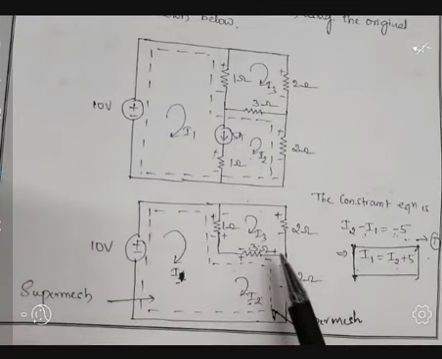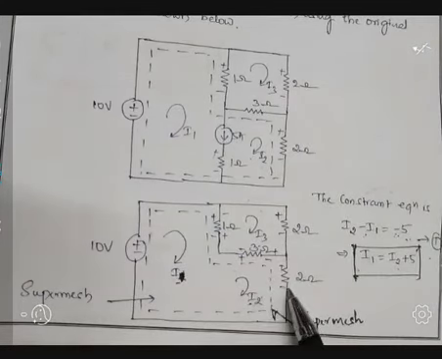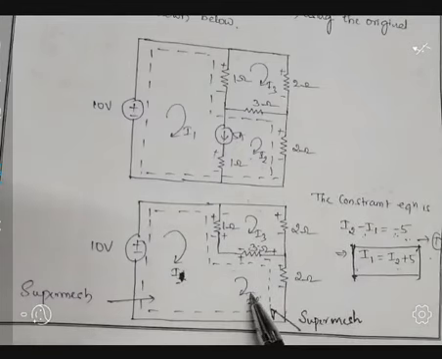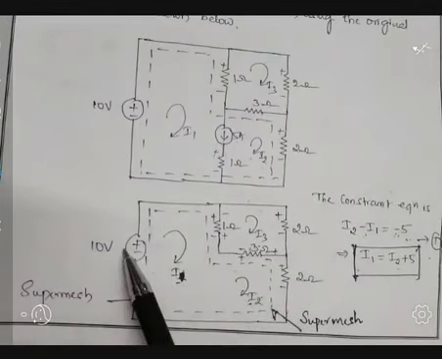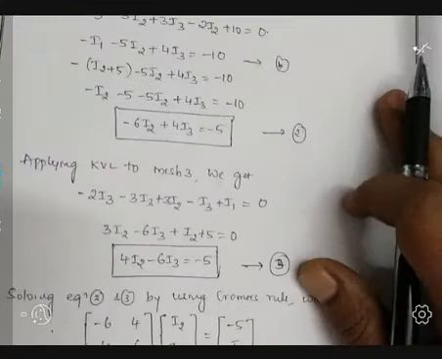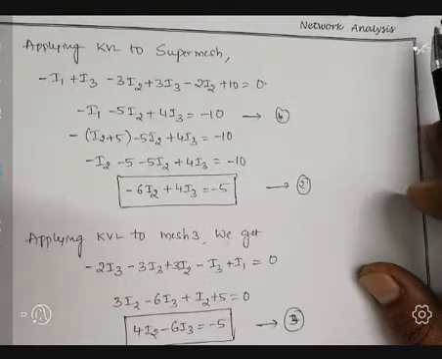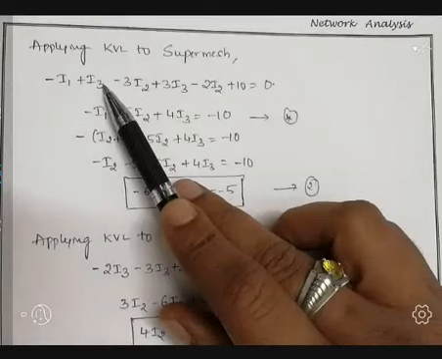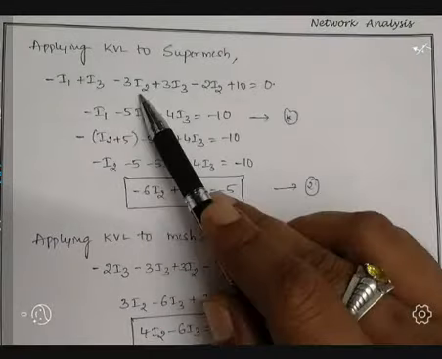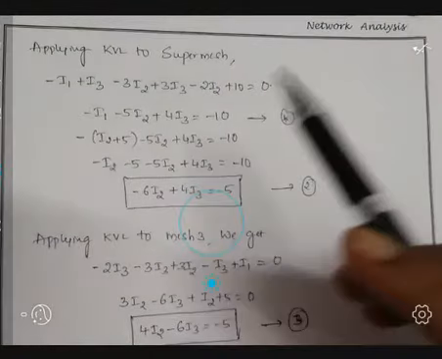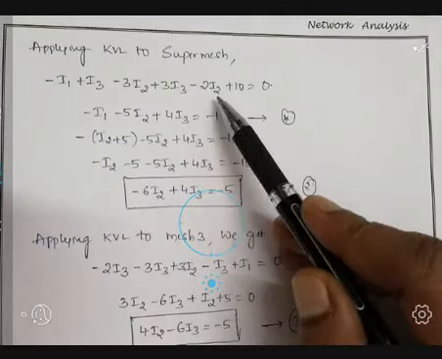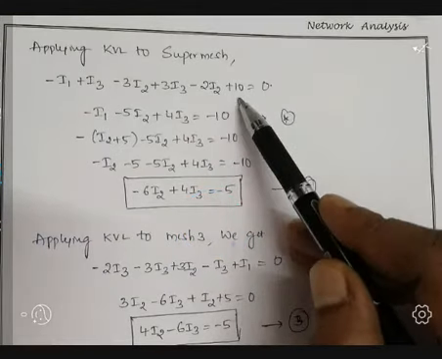Next here, minus 2 I2 plus 10 equal to 0. So: minus I1 plus I3 minus 3I2 plus 3I3 minus 2I2 plus 10 equal to 0.